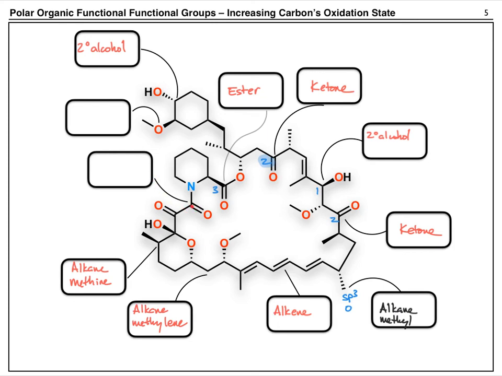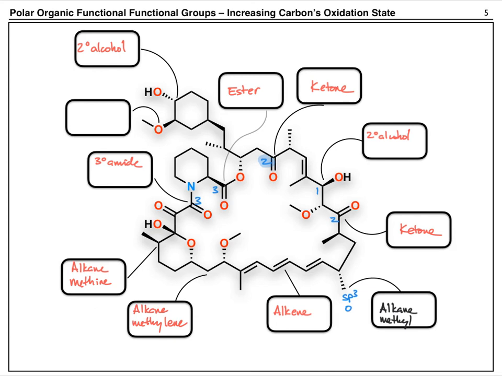We're pointing now to a carbon that has 1, 2, 3 bonds to heteroatoms. That's at oxidation state 3. We have a bond to a nitrogen, so it's an amide. We have 1, 2, 3 bonds to carbon. So we would call this a tertiary amide.